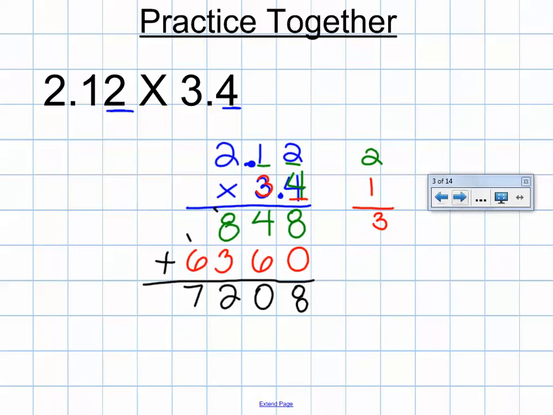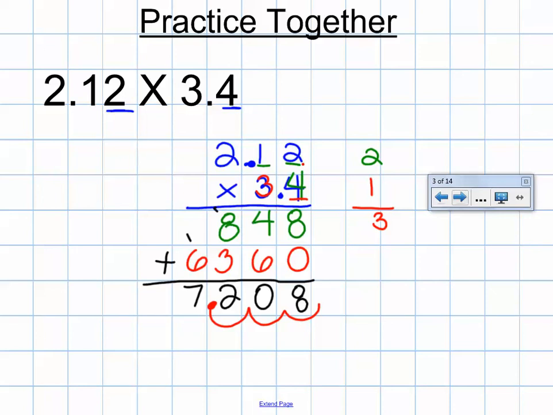So I'm going to start over from the right, and I'm going to count over 1, 2, 3 numbers, and that's where my decimal point is going to go. Again, the number of decimal places in my problem is the same number of decimal places that should be in my answer. 3 decimal places in my 2 numbers I multiply together, so 3 in my answer as well. That's how we're going to go through multiplying decimals.